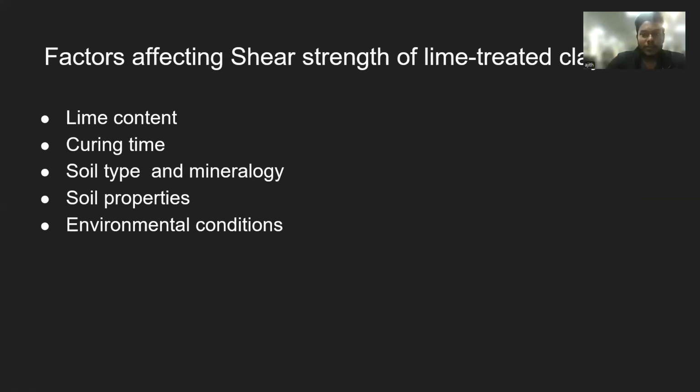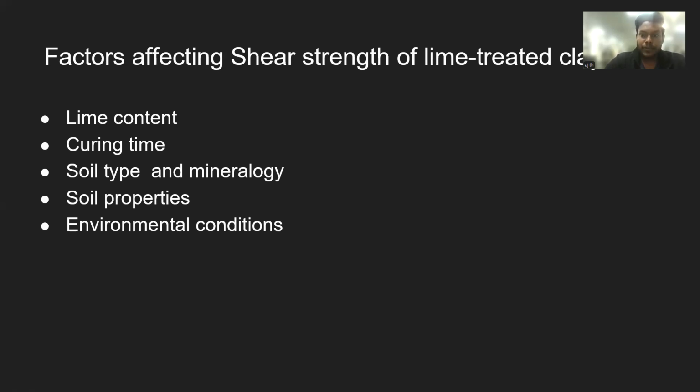When we add lime to clay soil, its shear strength is affected by several factors. First, the amount of lime plays a key role. Generally, increasing the lime content up to a certain optimal level leads to a stronger soil due to a chemical process called pozzolanic reaction. Next, curing time is important. Longer curing allows for more chemical reaction between lime and clay, which further enhances soil stabilization.